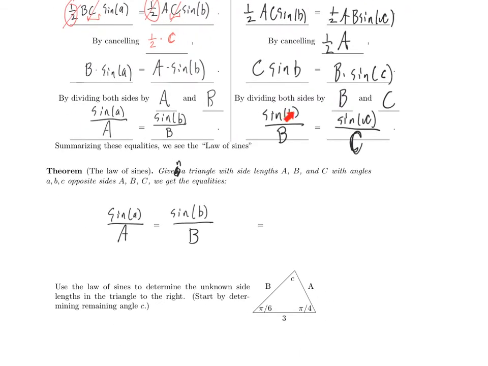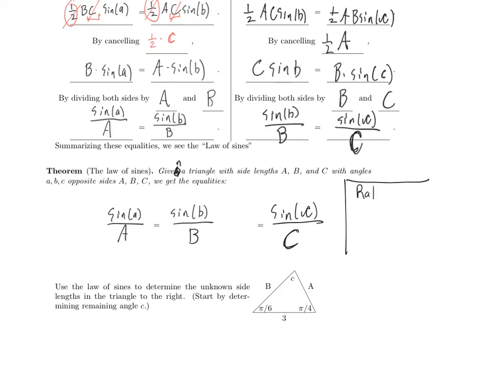The sine of B divided by B is equal to the sine of C divided by C. So what does this say? Given a triangle with side lengths A, B, and C and angles A, B, and C opposite, we see that sine of A divided by A is equal to sine of B divided by B is equal to sine of C divided by C. So what is this saying?